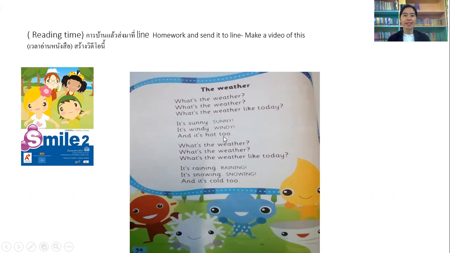And it's hot too. What's the weather like today? It's raining, raining, it's snowing, snowing, and it's cold too. So you are going to make a video of this reading.